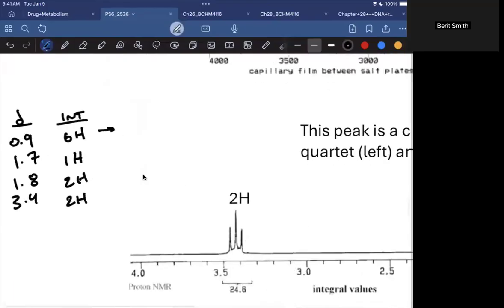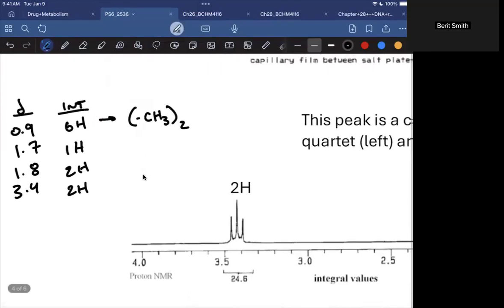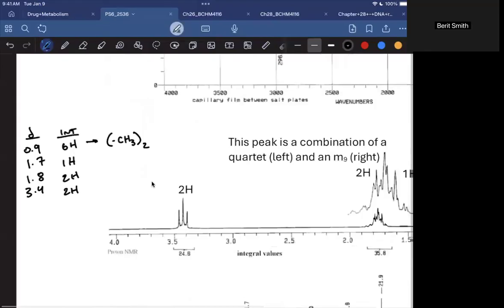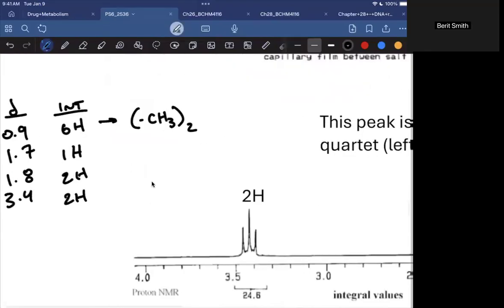Perfect. So 6H going to be two methyl groups, because that's a way to get the 6 hydrogens equivalent to each other, from 2 equivalent methyl groups. And then these 2 H's here are also going to be the CH2s. And whenever I'm doing this, I always like to show how many connections these things have.